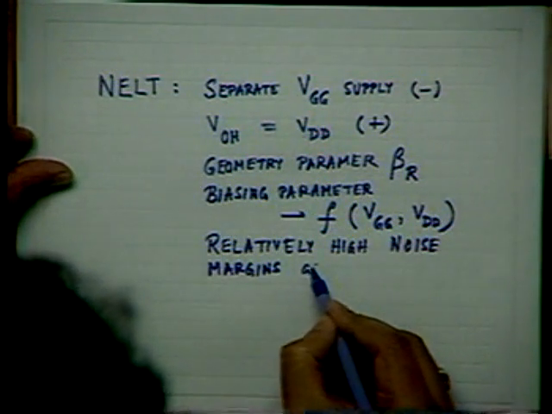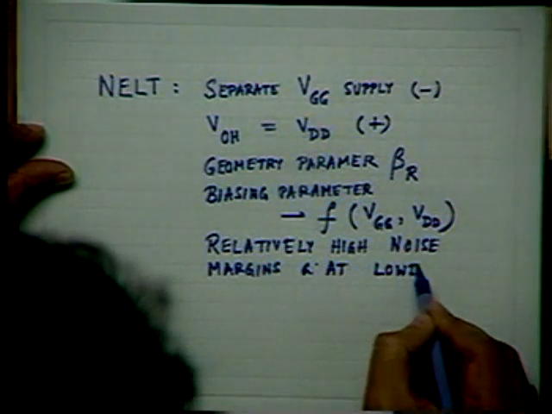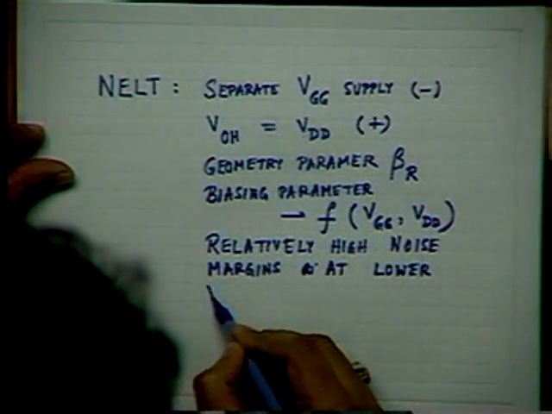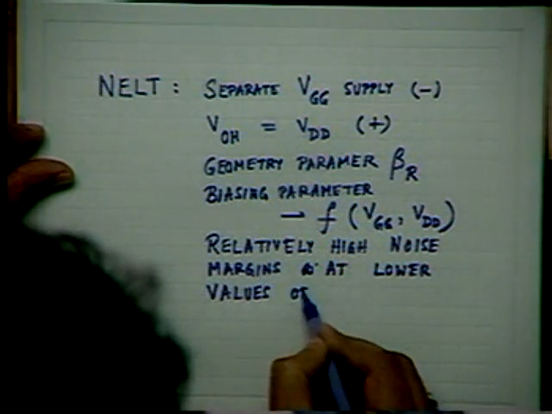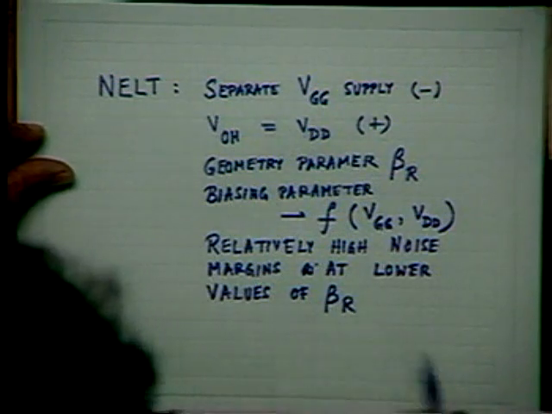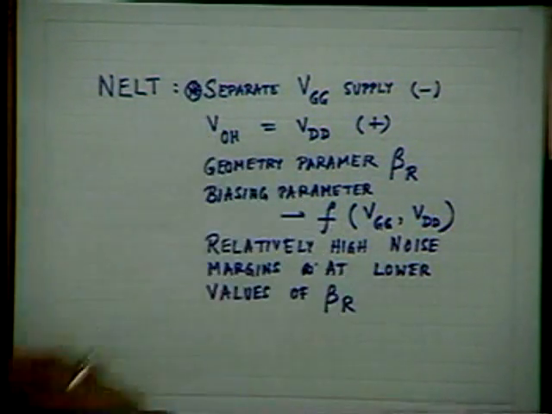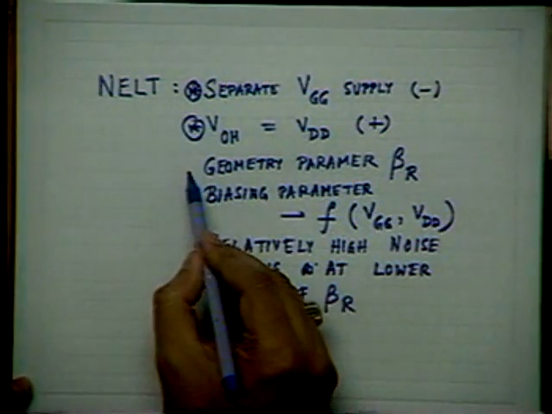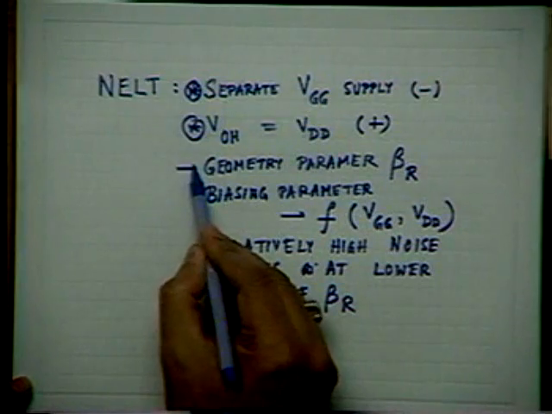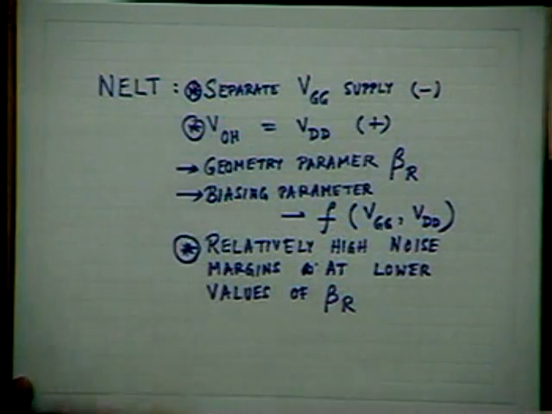at lower values of beta. This is number 1 point, this is number 2 point, these are two parameters, and this is the number 3 point.